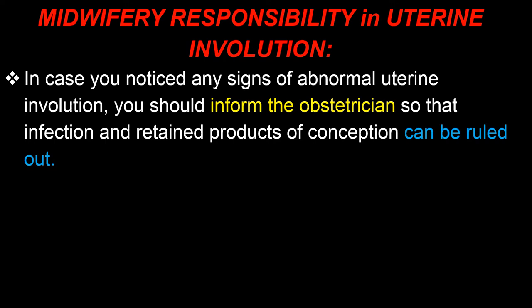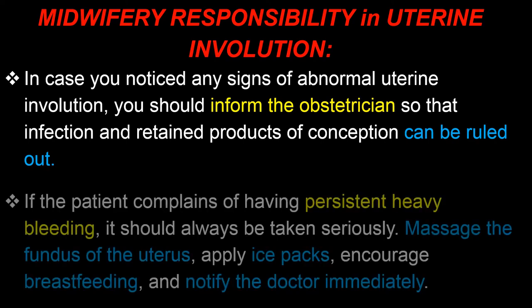So when you see a relaxed uterus, you report immediately to the attending physician so that the doctor can give either antibiotics or manual extraction or evacuation of placental fragments or dilatation and curettage. So we inform the doctor to rule out the problem of the patient, why her uterus is not involuting.